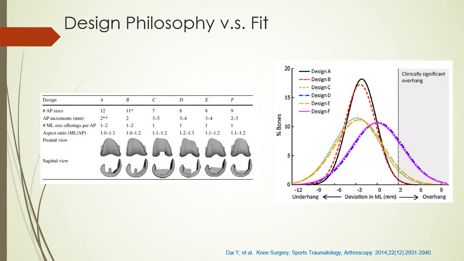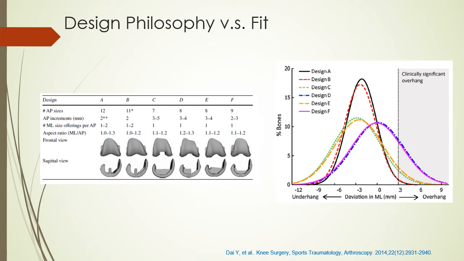And we have been showing how these multi-aspect ratio designs can improve the fit, the anatomic restoration of the distal femur. This particular study is an open source study. I do not have the device names in there, for an unbiased review, but welcome to check out this paper that compares designs A and B, which had multiple aspect ratios, to designs C, D, E, and F, which only offered 1 aspect ratio.